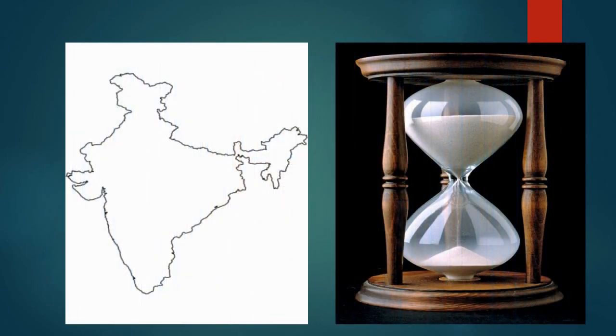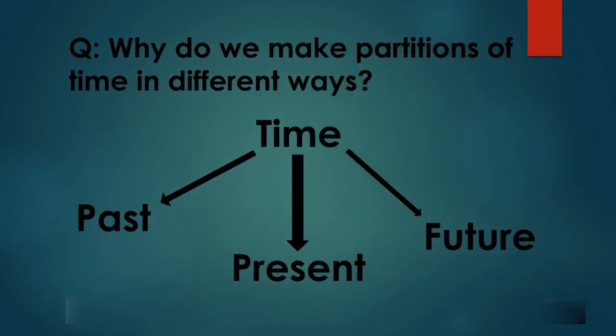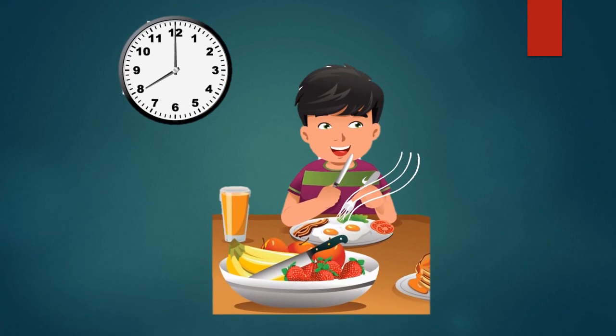These clocks were used in India too. Students, can you tell me why we make partitions of time in different ways? Don't worry, I will tell you. Students, for convenience of everyday work, time is divided in different ways.